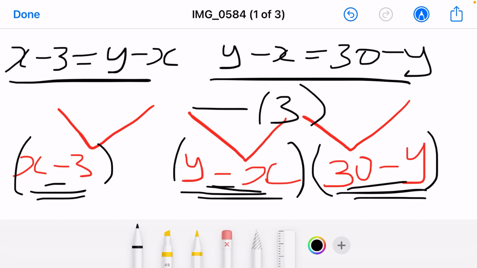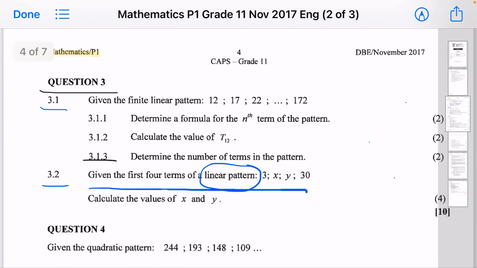Remember, you can make y the subject of the formula and substitute it into the other equation, then calculate the value of x. As soon as you're done with the value of x, you then use that value of x to calculate the value of y. Okay, so ladies and gentlemen, it's not that complicated.